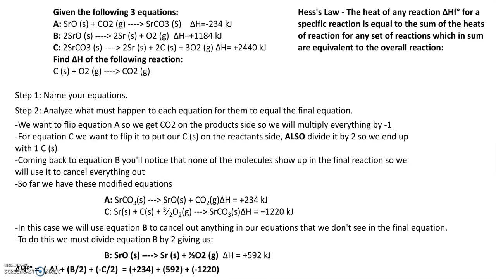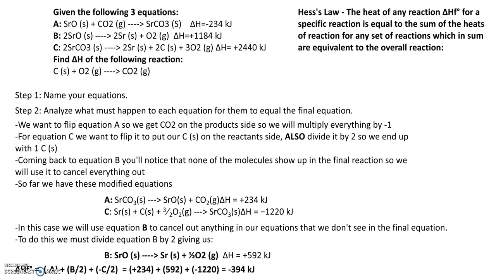You'll see since negative 234 times -1 equals positive 234 kilojoules, plus 592, which is the delta H of equation B divided by 2, plus negative 1,220 kilojoules, which is negative and divided by 2 from the delta H from equation C. So once we do all this, we get negative 394 kilojoules.